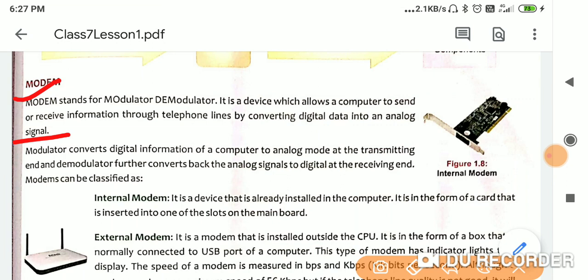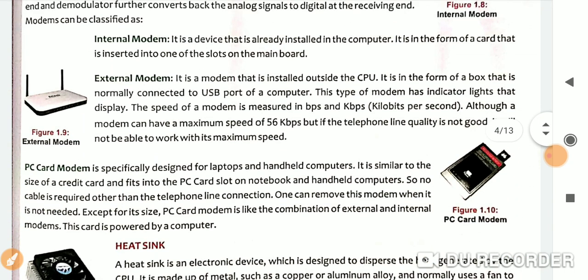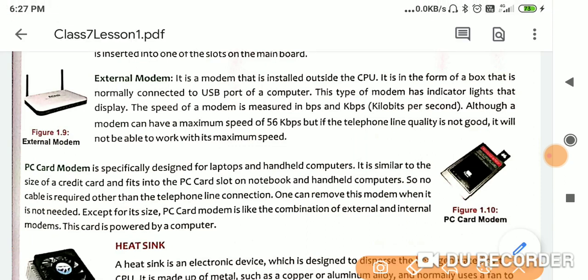And then there are three types of modems: internal modem, external modem, and the last one is PC card modem. No need to explain, only write the names of the types of modems, that are internal modem, external modem, and PC card modem.